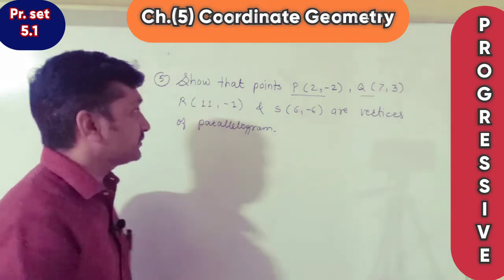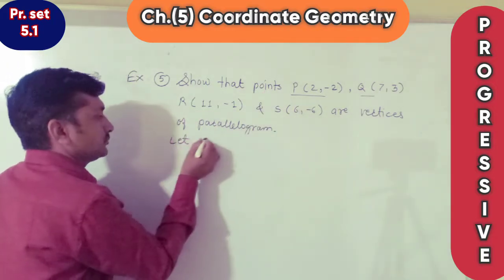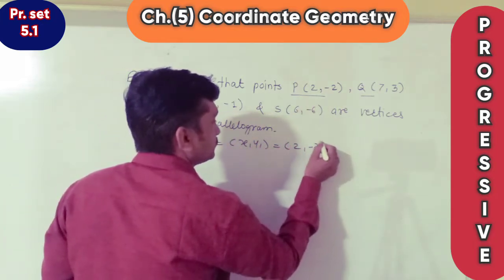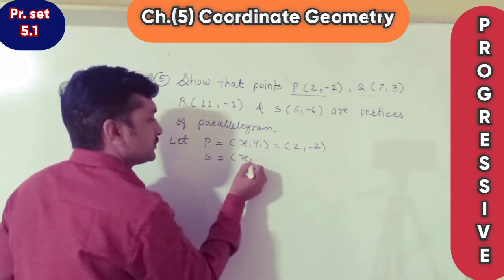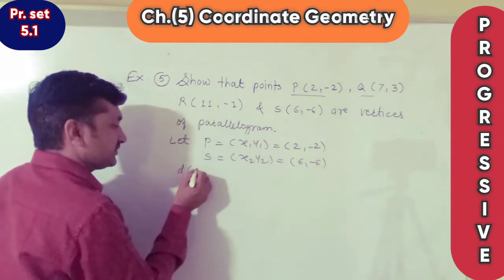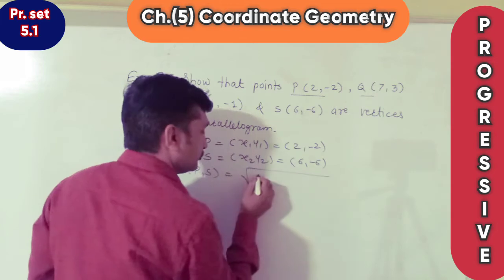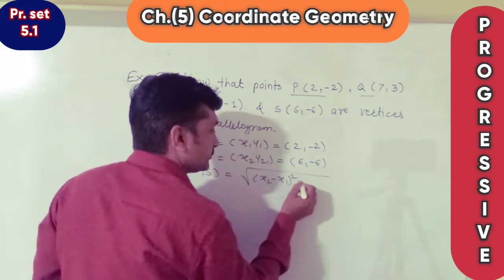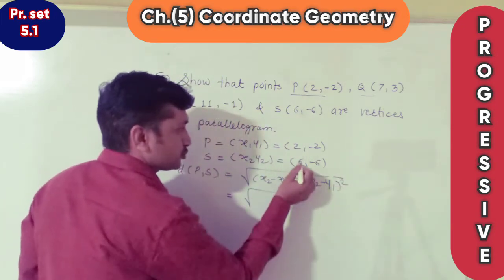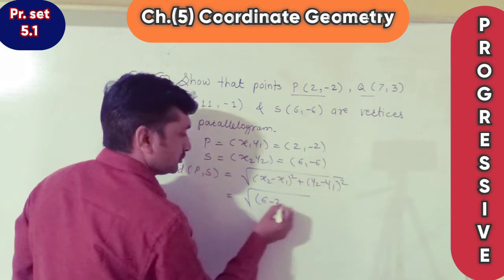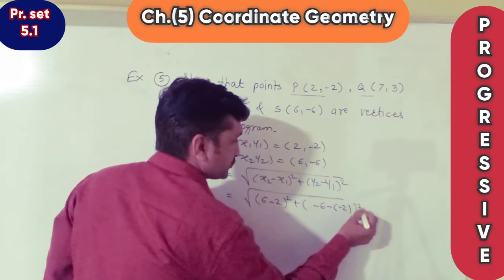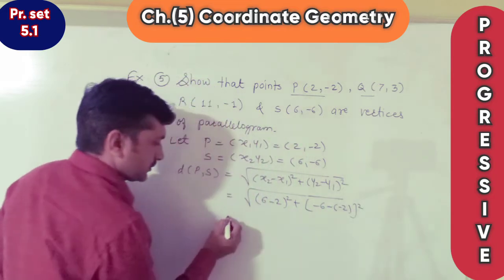The fourth distance we have to find is PS. Let P is equal to (x1, y1) is equal to (2, -2). S is equal to (x2, y2) is equal to (6, -6). Distance PS is equal to the square root of (x2 minus x1) squared plus (y2 minus y1) squared.